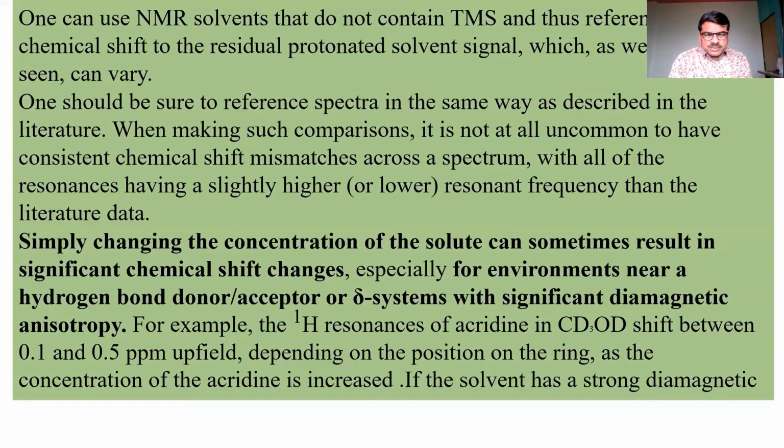For example, the hydrogen resonances of acridine in CDCl3 shift between 0.1 and 0.5 ppm upfield, depending on the position on the ring, as the concentration of the acridine is increased.